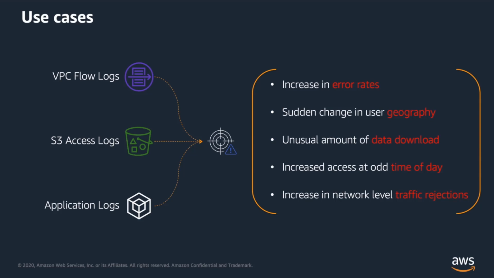But before that, let's understand what are the different use cases where anomaly detection makes a whole lot of sense for log analytics. You could have, like I said, several different sources of data.